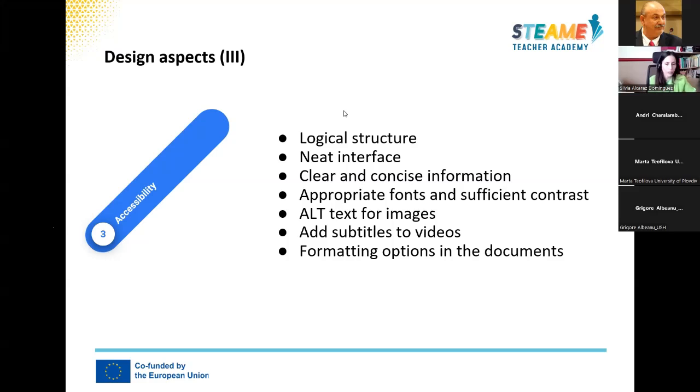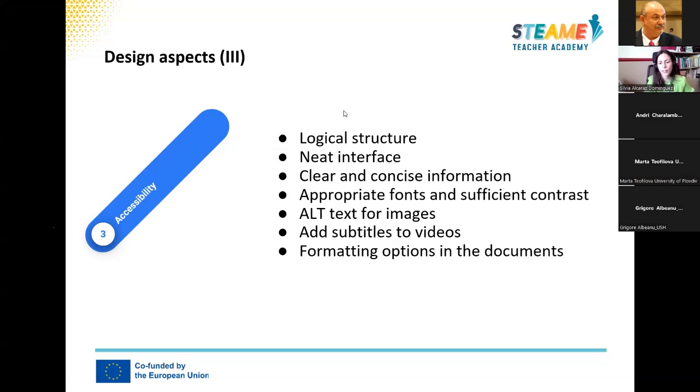And very important, we need to use alternative text for images, right? So if there is an image of an apple, we need to make sure that this image has alternative text that says apple, so that the person with a visual impairment can use this software and it will read this image for them. It would say, here's an image with an apple, with a red apple. If we use videos, we need to use subtitles.